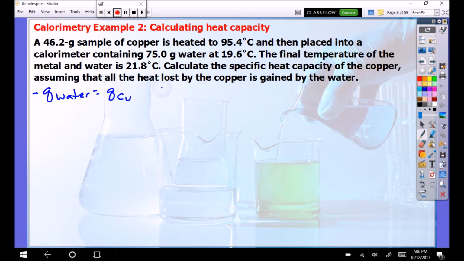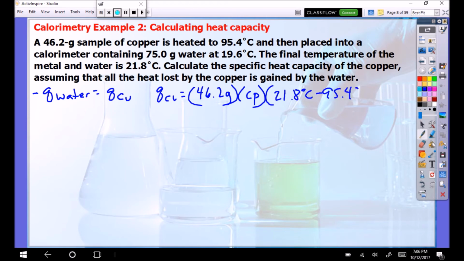We've got Q of copper, and we know that it's 46.2 grams. We don't know our specific heat, that's what we're calculating, but we do know that our final temperature is 21.8 degrees Celsius minus 95.4 degrees Celsius. And then we should also set up our water.